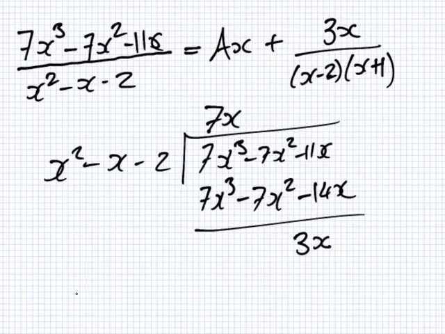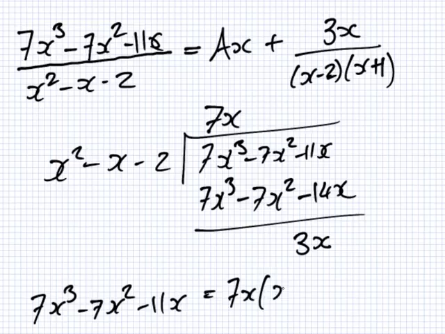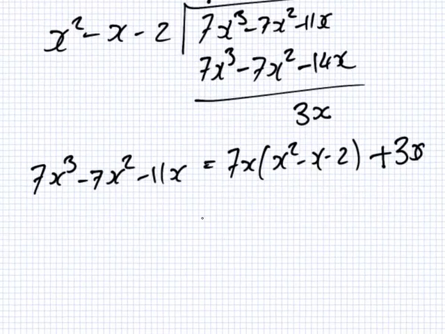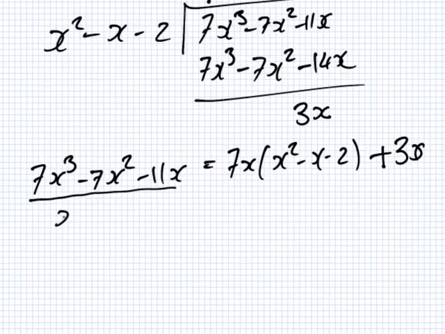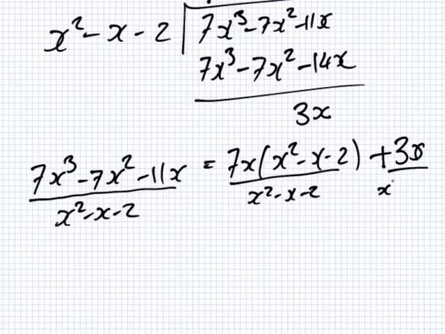So we have 7x cubed minus 7x squared minus 11x equals 7x times x squared minus x minus 2 plus 3x. And then what do I do next? I divide by x squared minus x minus 2. So this is the question.